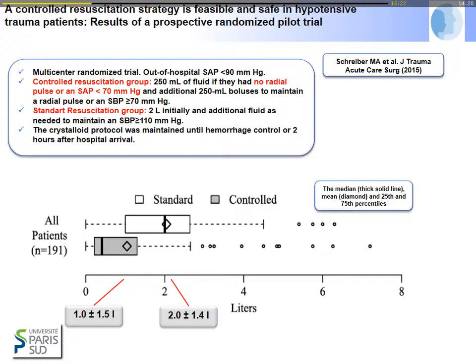They compare this controlled resuscitation group to a standard resuscitation group. And you can see that by doing this, they can decrease the quantity of liquid that they give patients, around 1 liter less in the controlled resuscitation group.